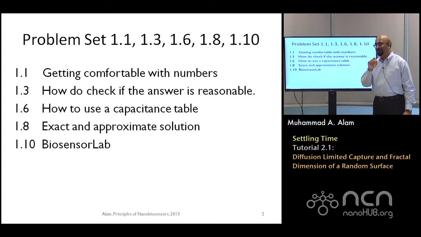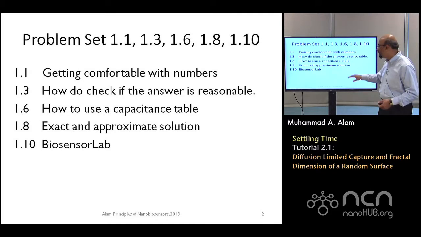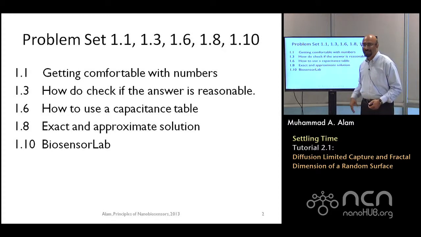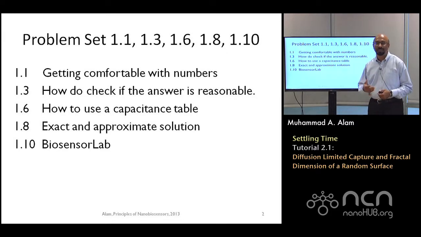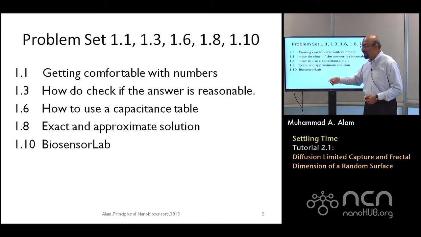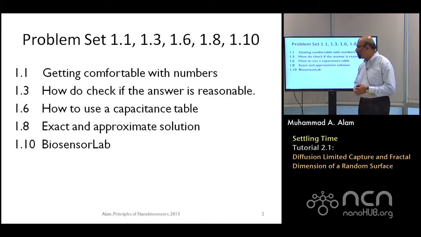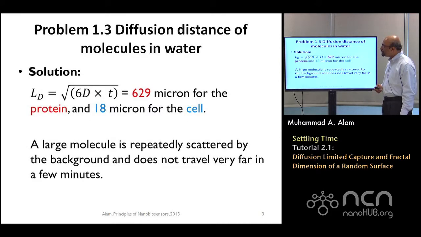But the point I want to emphasize is that when you're using this capacitance table, you have to be a little bit careful, because if you're not careful, you can pick up a completely wrong value, although it looks almost the same. I had been using approximations in various places, and you may be uncomfortable, so I'll show you one. And then this is very important: the biosensor lab program will allow you to exercise your various types of designs so that you know what the final answers are.